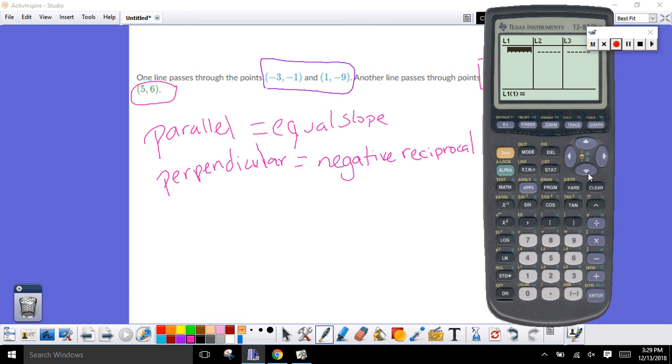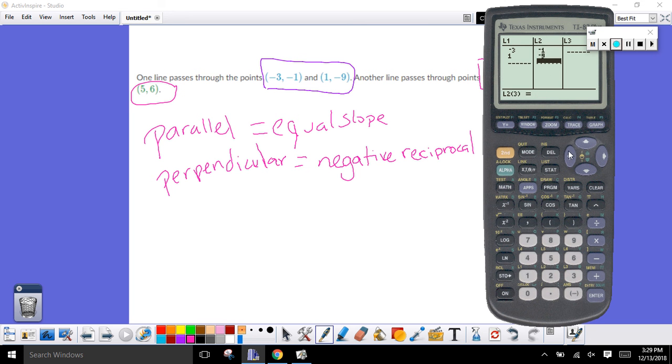Now please be really careful not to press delete. If not, you're going to delete the whole list and our trick is not going to work. So our x's are -3 for the first equation and +1. Then our y's are -1 and -9.